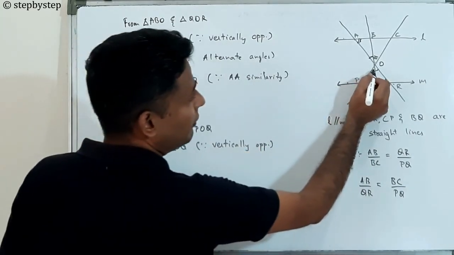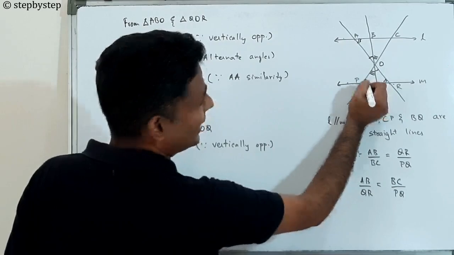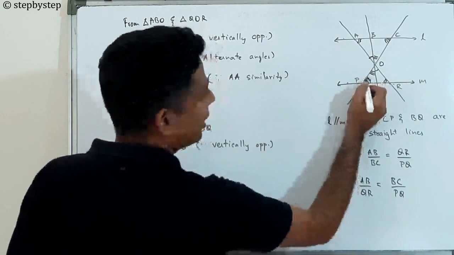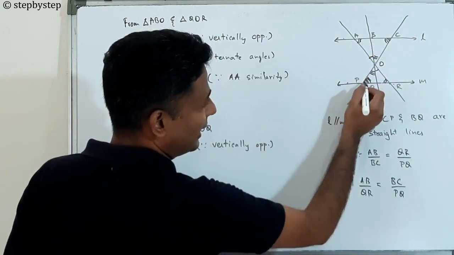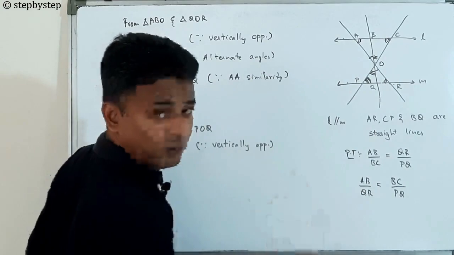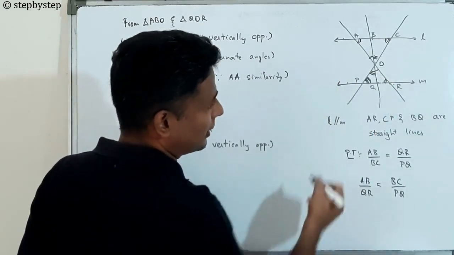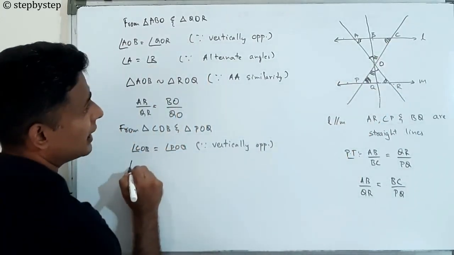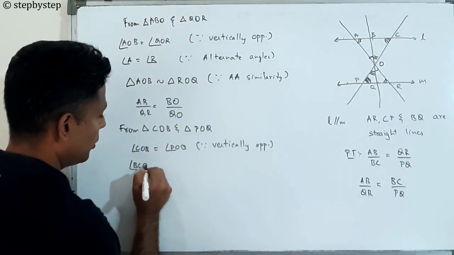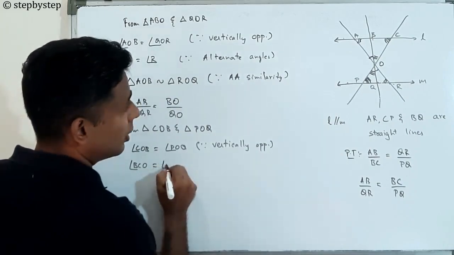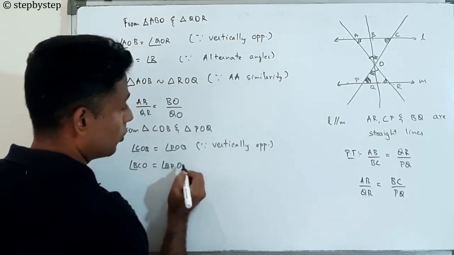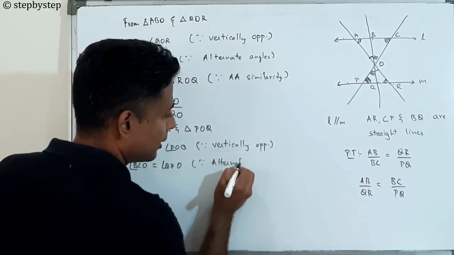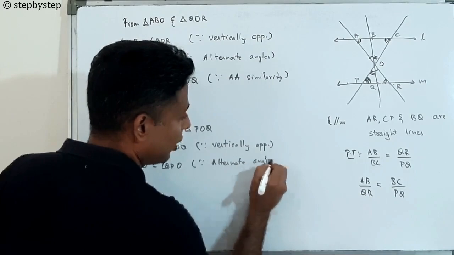Now next, again we can take this angle is equal to this angle. Why? Alternate angles, because this is a straight line. We could have also taken the other angle, but I am taking angle BCO equal to angle QPO. Why? Alternate angles.